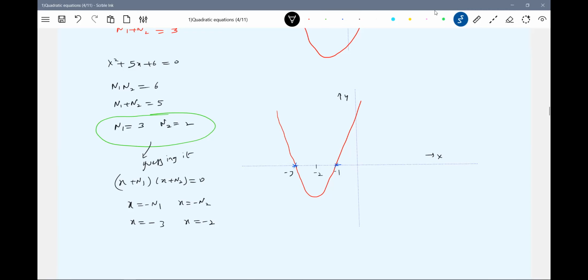So here it is x square minus 2x minus 15. Negative of that, roots will come, no? Okay, just see.